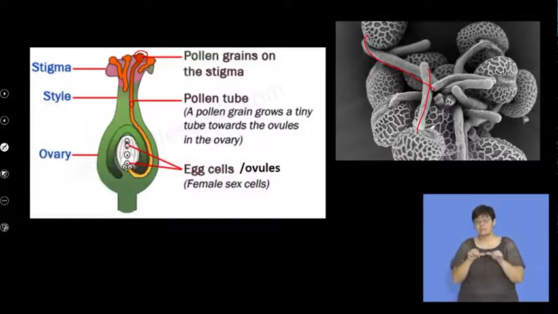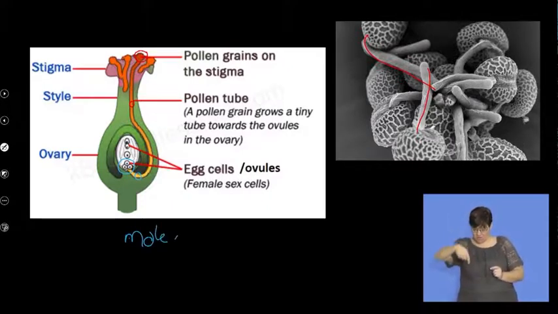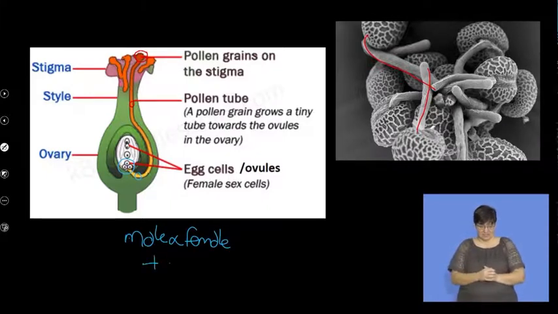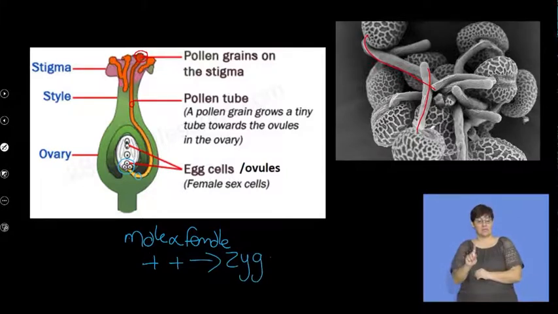So here's the female, the male is over here, and we want the male and the female to join. And they do that. So when the female joins with the male, we have a zygote.